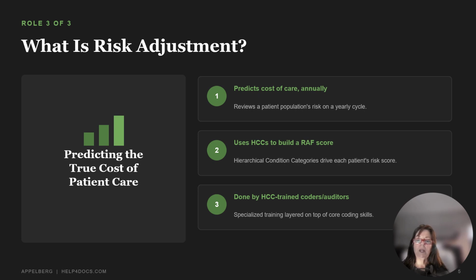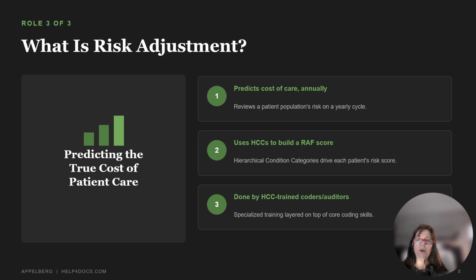It's based on their age, demographics, and which HCCs, or chronic conditions, apply to them based on their diagnoses that year. Add up the RAF scores across the health plan's population, and that determines how much funding that plan receives to do the care for that group of patients.